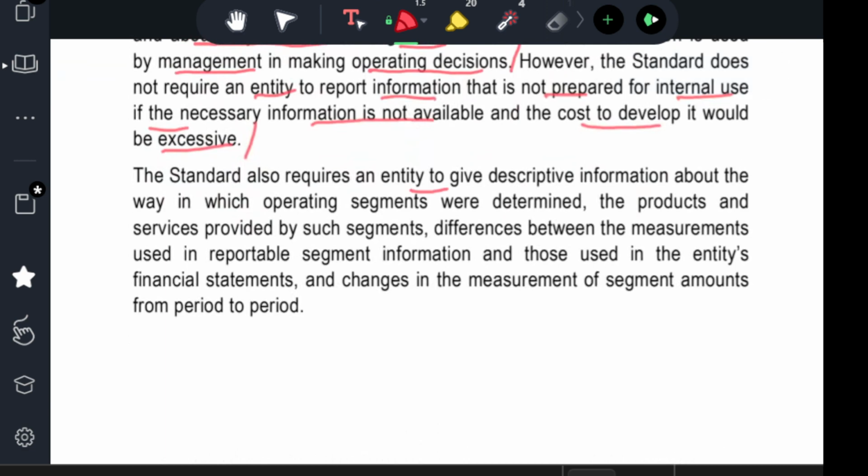The standard also requires the entity to give descriptive information about the way in which operating segments are determined, the products and services provided by each such segment, the differences between the measurement used in the reportable segment information and that used in the entity's financial statements, and changes in the measurement of segment amounts from period to period. Sometimes they are very different. Example, some countries may have certain rules for following accounting. Example, if you go to Dubai, the accounting of Dubai is mostly similar to India.